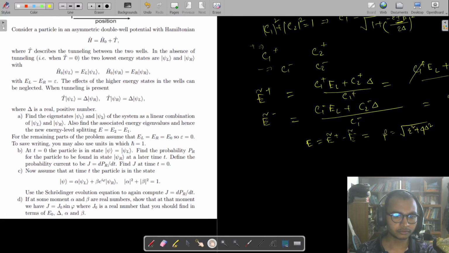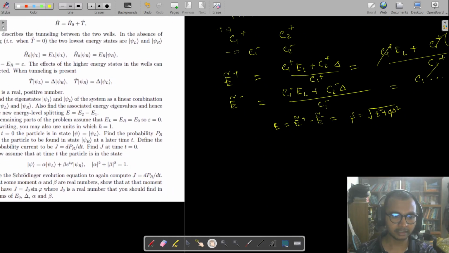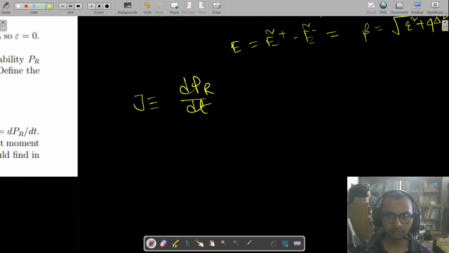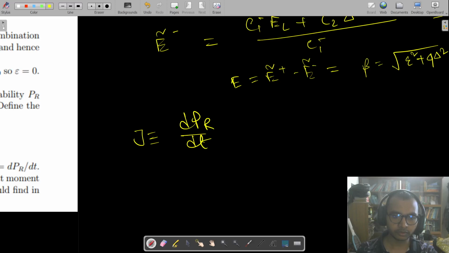I'll now move to finding the probability current at time t equal to 0. Remember the probability current is defined as this thing. Let me zoom in. What you need to find out is the value at t equal to 0.